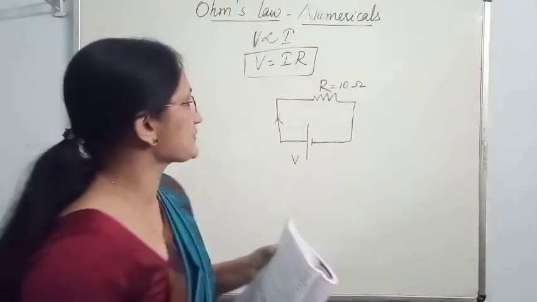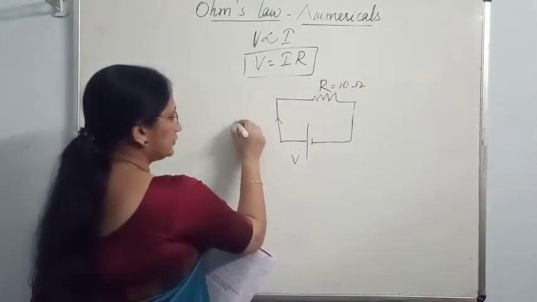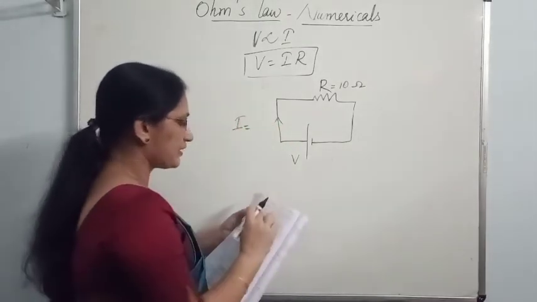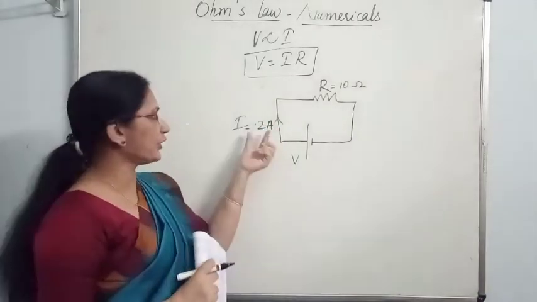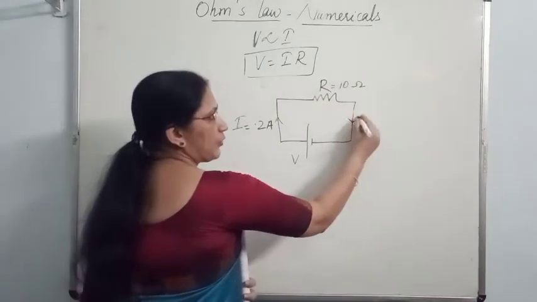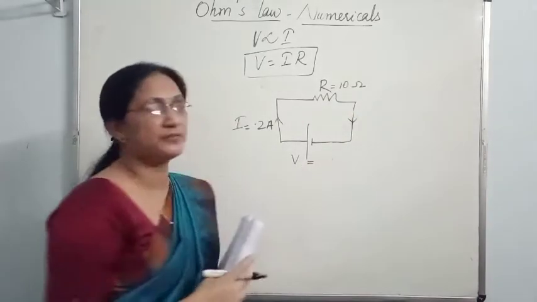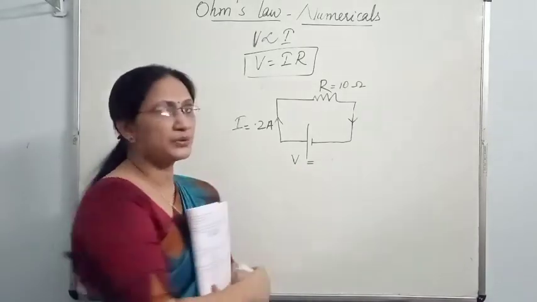There is a resistance of 10 ohm, and the current flowing through the circuit must be 0.2 ampere. To have 0.2 ampere current flow through this resistor of 10 ohm, how much potential difference you must apply across the resistor? V you have to calculate.